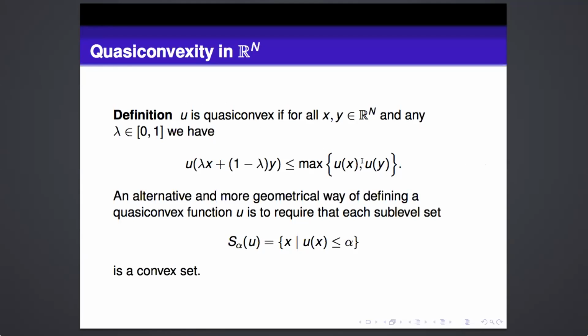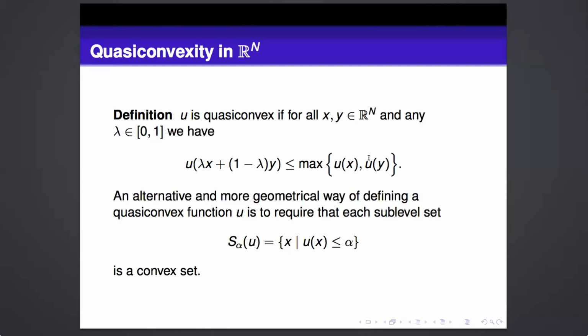Okay, this definition can be rephrased in terms of the level sets of the function, which is nice, and says that a function is quasi-convex if and only if the sublevel set, so you take the set of points in which u of x is less or equal than alpha, is a convex set inside Rn.